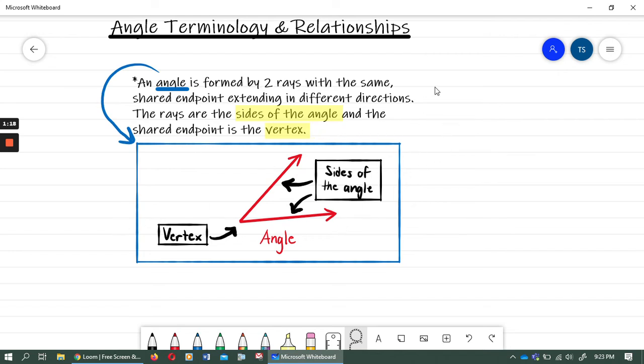The rays are referred to as the sides of the angle, and the shared endpoint is known as the vertex.